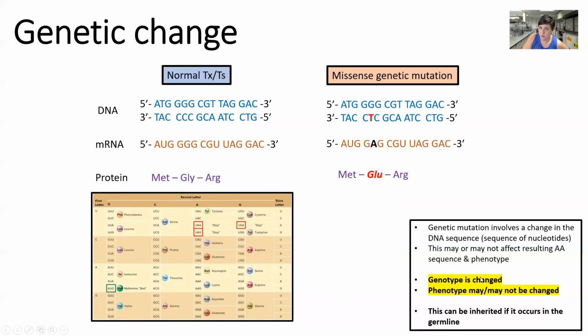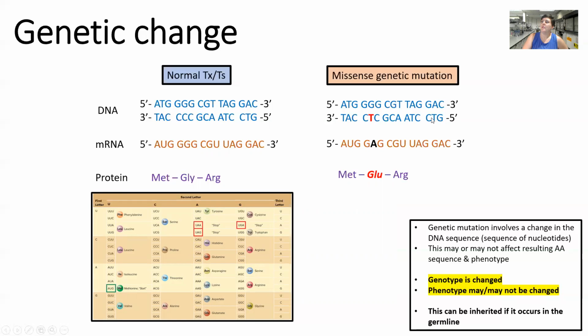This is very important: a genetic mutation is a direct change in the nucleotide sequence, and thus a change in the genotype, which is the nucleotide sequence. This is a base substitution. We had that C substituted for a T, which changed our nucleotide sequence and changed our genotype.